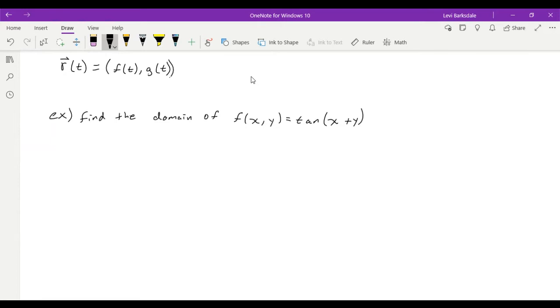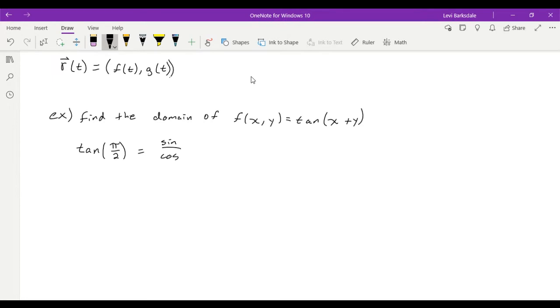Okay, well, first we need to think about where could this function possibly give us some value, or where in this function would we need to perform something that's just not allowed. And one thing we know we can't do is take the tangent of pi over 2, because tangent is sine over cosine, and cosine is 0 when your angle is pi over 2, and we can't divide by 0.